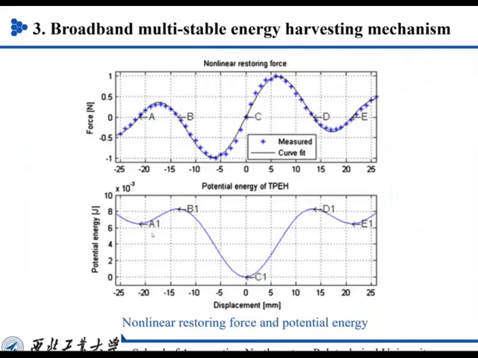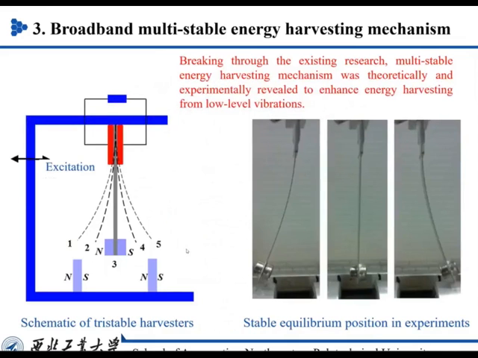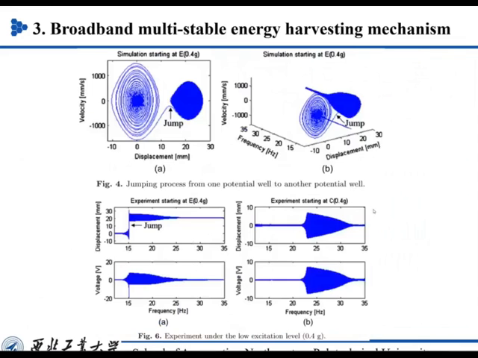And in the potential energy function, we also found that the stable equilibrium positions stand for the potential wells, such as A1, C1, E1. So the displacement corresponds to point 1, point 3, and point 5.